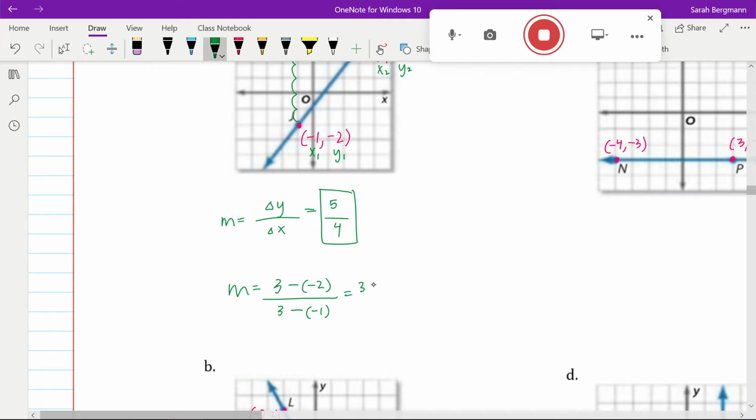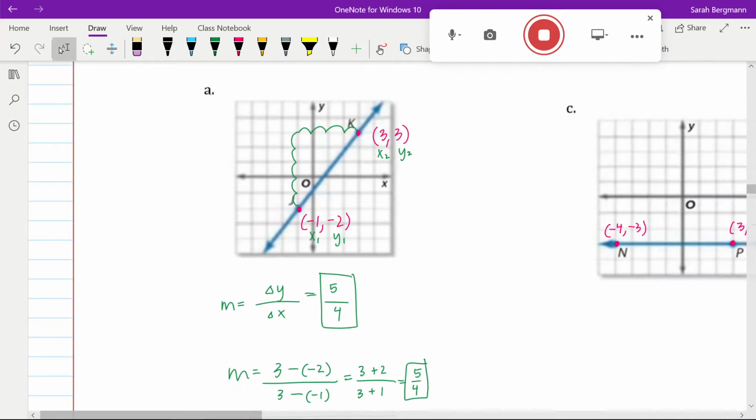This gives me 3 plus 2 over 3 plus 1. That's 5 over 4. Notice whether you use rise over run or the slope formula, you should get the same answer. This slope is known as a positive slope. The line, as you see, is going up from left to right, and the answer is a positive number for the slope.